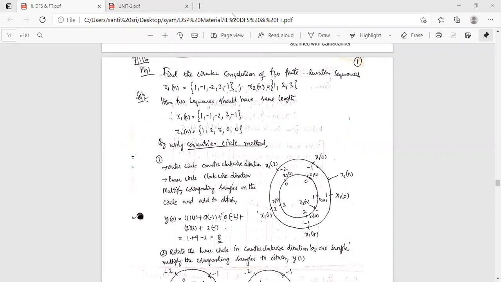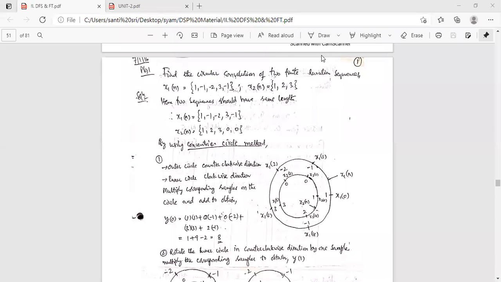See here, x1 of n is given as 1, minus 2, 3, and minus 1, and x2 of n is given as 1, 2, 3, 0, 0. Here the outermost circle will be counterclockwise, which means anti-clockwise direction.